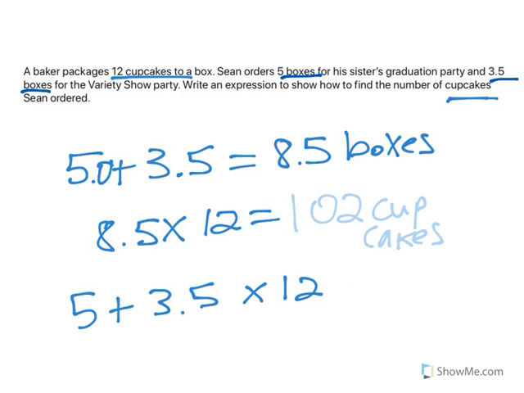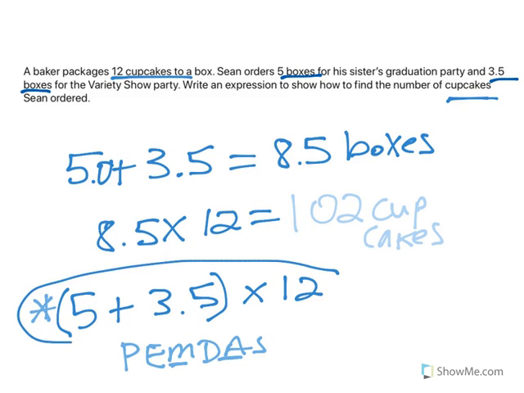However, when we look at our PEMDAS, the way that we have this expression written out right here, it shows that we would have had to multiply first and then do our addition. So what we're going to do in order to make this expression true is we're going to add parentheses, because any operation that is in parentheses has to be done first. Obviously, because that's what the P stands for in PEMDAS.